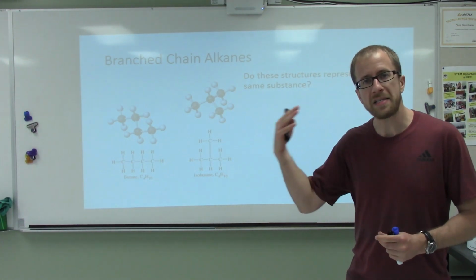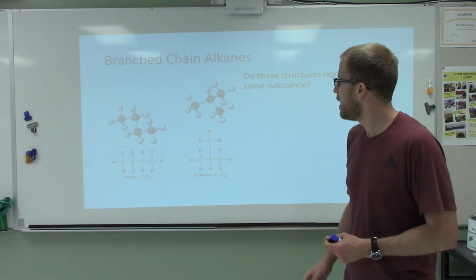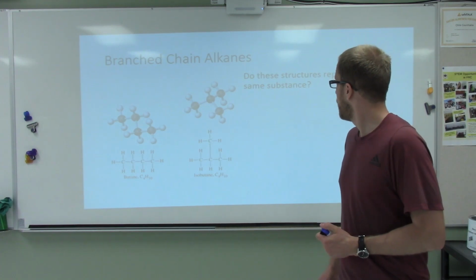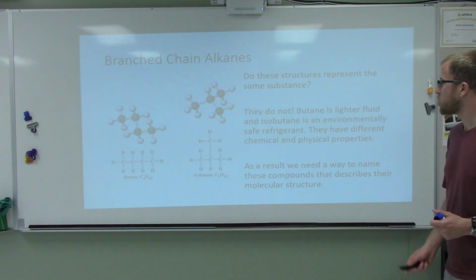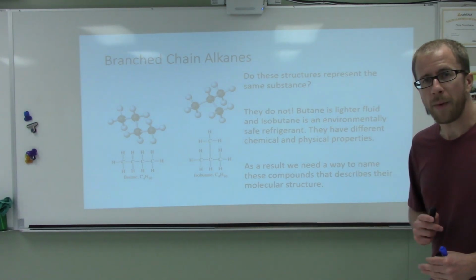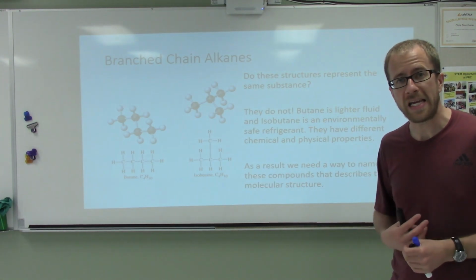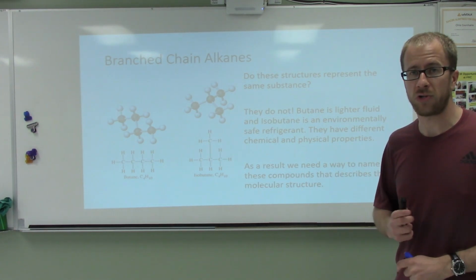We're going to learn a system that we can apply that doesn't require memorizing a lot of these prefixes. So how do we name these structures? This is going to come down to determining what your parent chain is and then labeling your side chains.